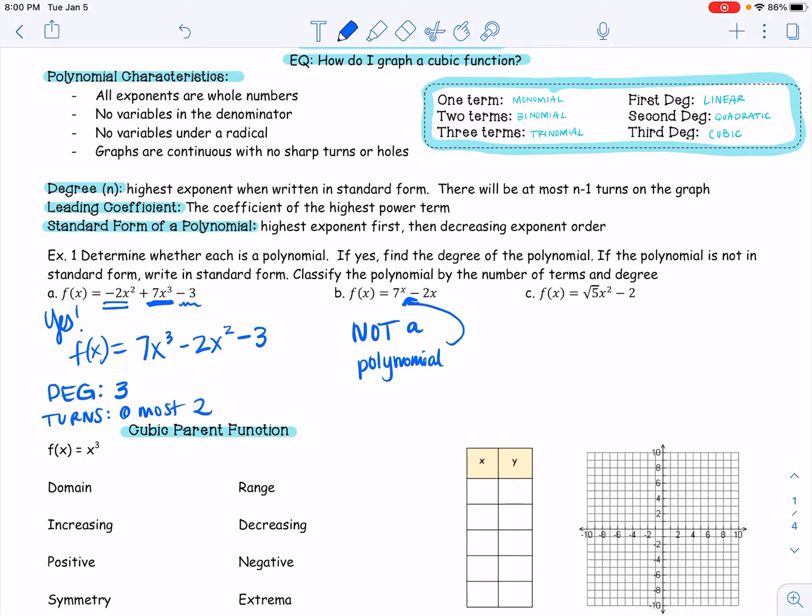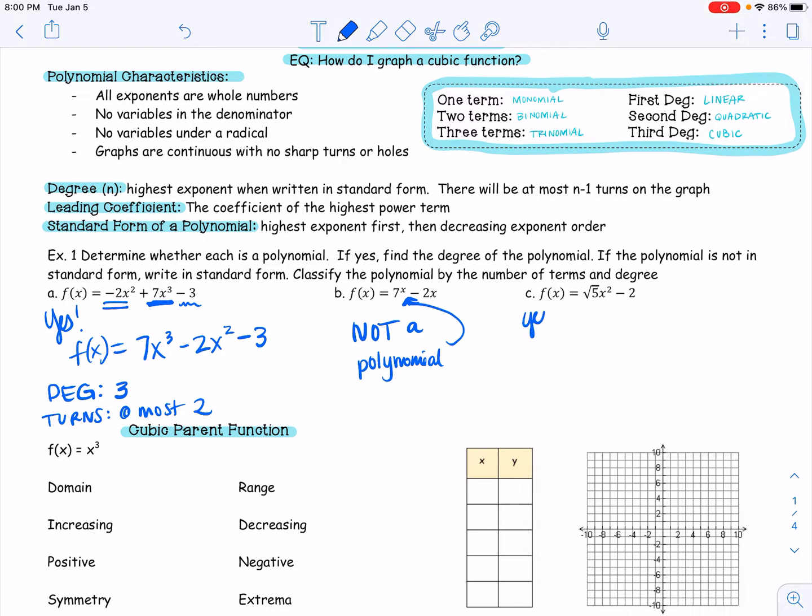And then lastly, I want to know if this is a polynomial. And it actually is. We have to be very, very careful here. We do see a radical, but the variable is not underneath the radical. Just the 5 is underneath the radical. So the square root of 5 is just some coefficient. That's okay. The x is not underneath it. The exponent is a whole number, so this is good to go.